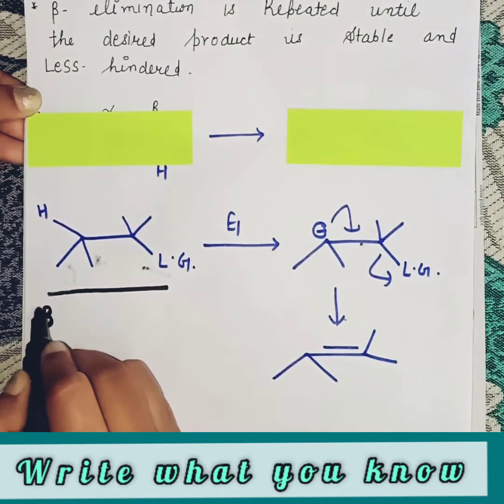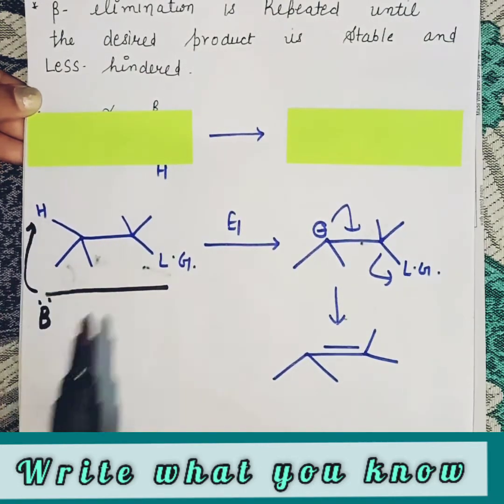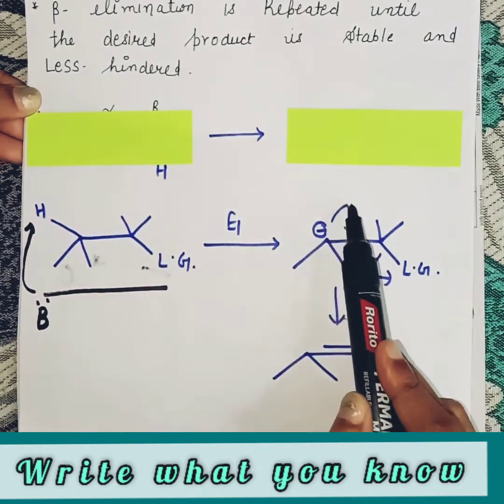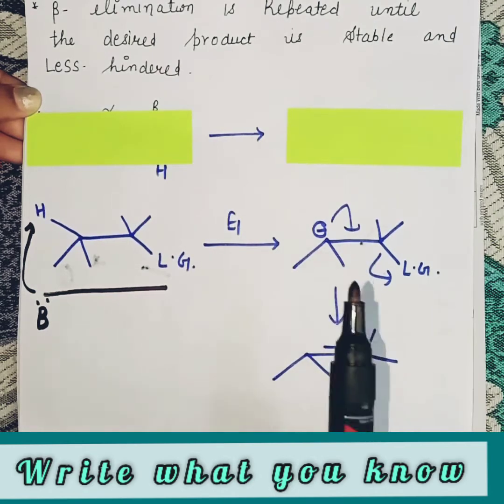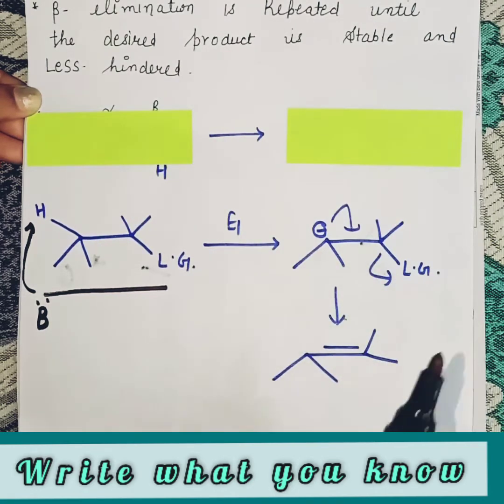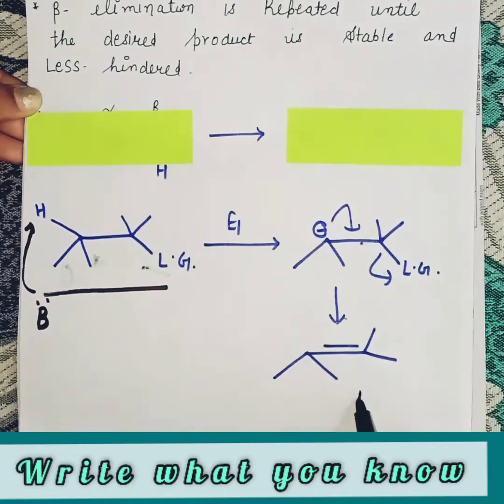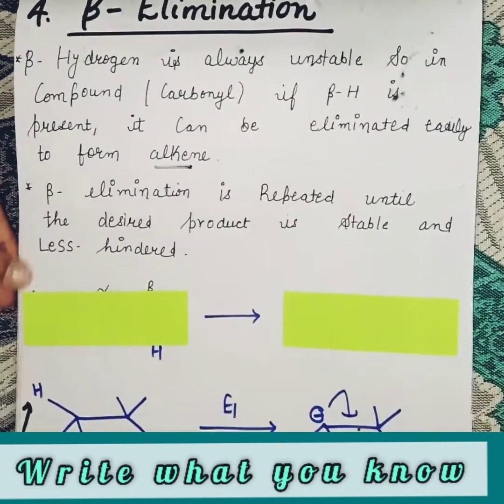First of all, a base abstracts this hydrogen from here and a negative charge comes here. Then this negative charge goes here, becomes a double bond, and the leaving group leaves from here. The leaving group here is any leaving group: bromine, chlorine, iodine. So this leaving group leaves from here and it becomes an alkene. So this is the beta elimination reaction.